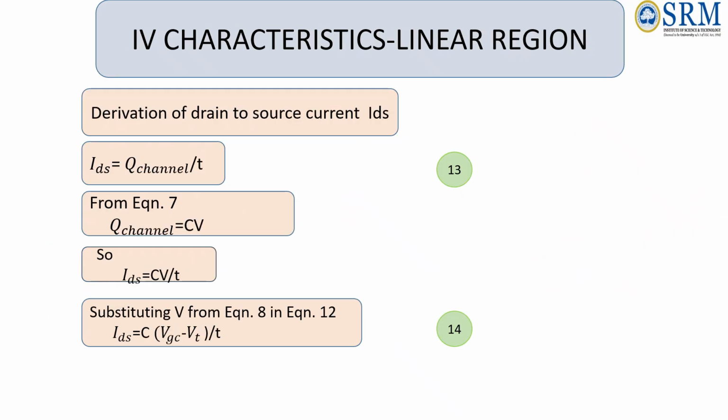When we started the derivation of IDS, we said that IDS is dependent upon the charge in the channel and speed by which the carriers cross the channel. So IDS will be equal to Q channel by T. We have got the expression for Q channel. Q channel is C into V. V is VGC in excess of VT.